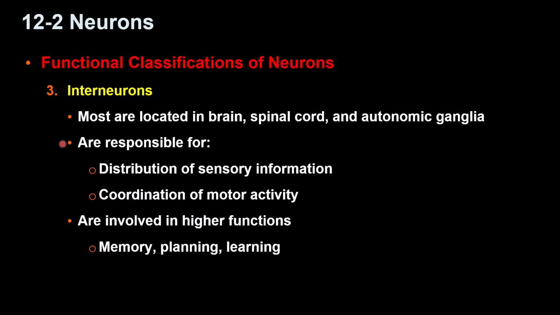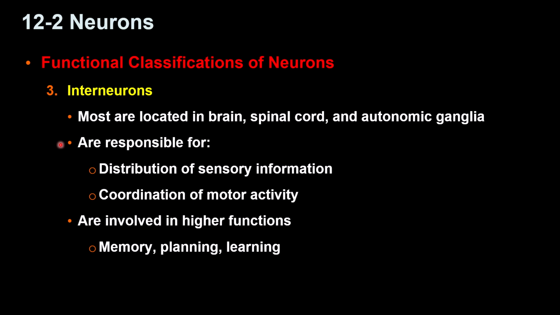They process sensory information and send motor information. For example, something is touching your skin and that's painful, and you remove that part of your body. That is the motor response to a sensory stimulus. Or you just want to walk or run or bike, so that's the motor activity that you want to do.